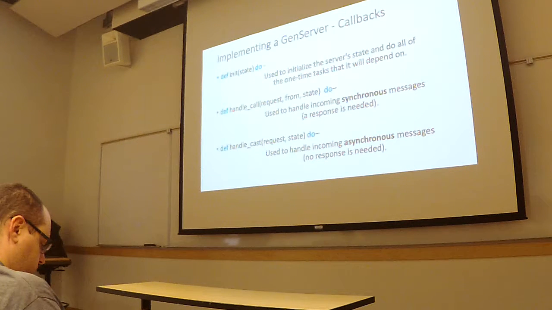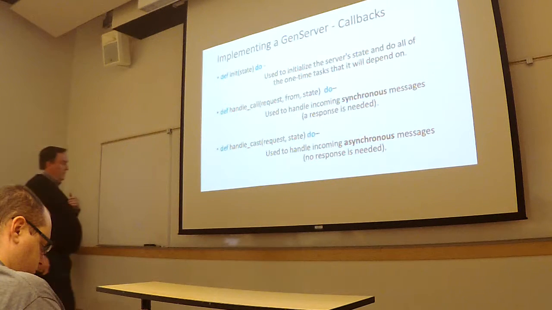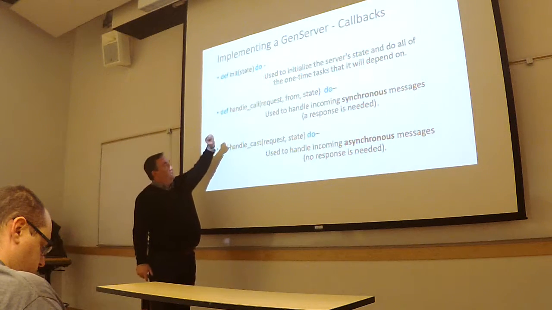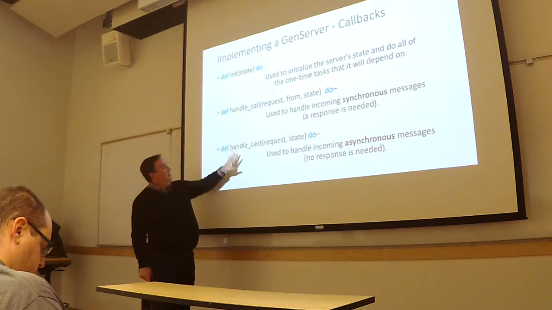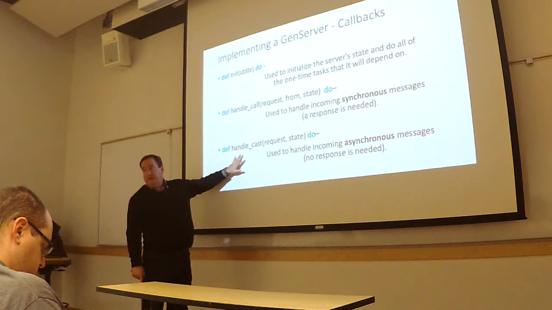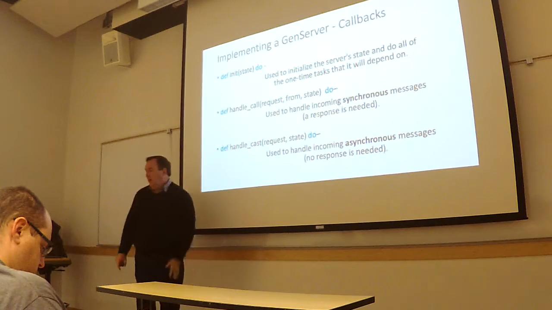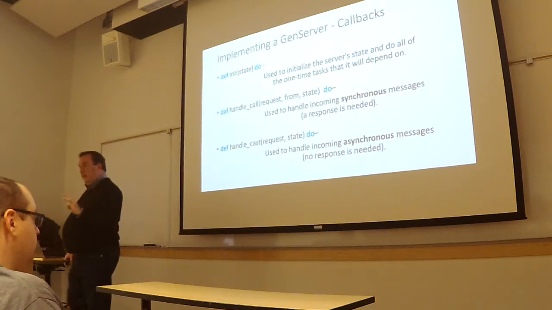This is very common in all kinds of callback frameworks. Also, there's a callback for handling a synchronous call or handling an asynchronous cast to you. So we'll implement these three callbacks.